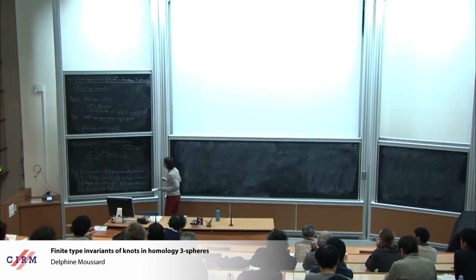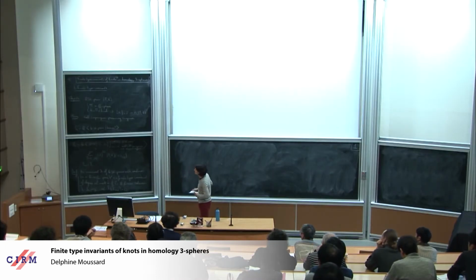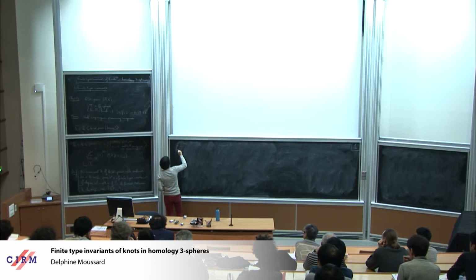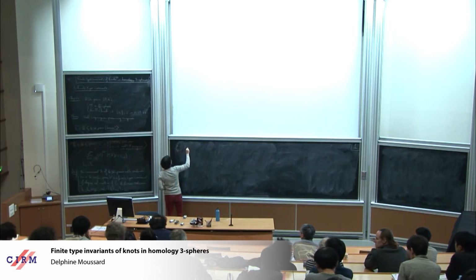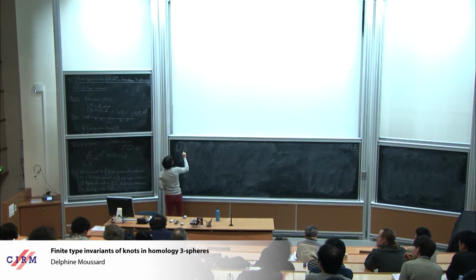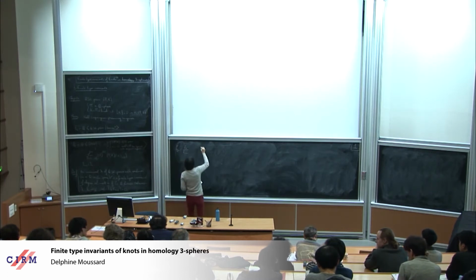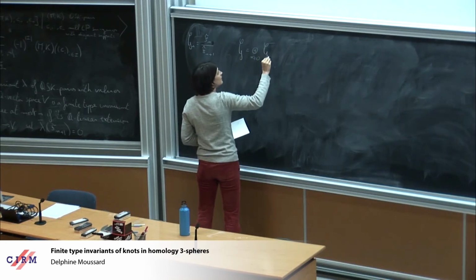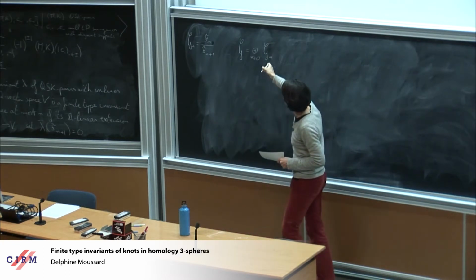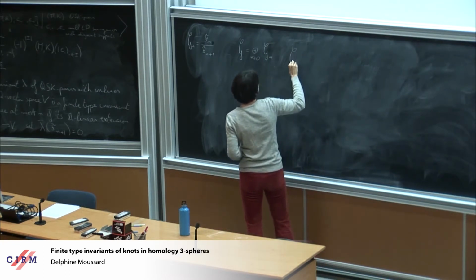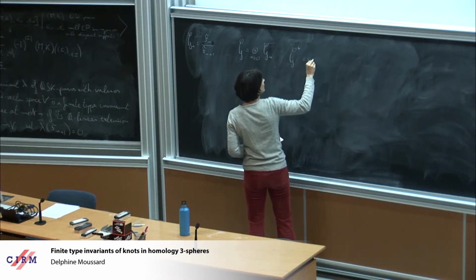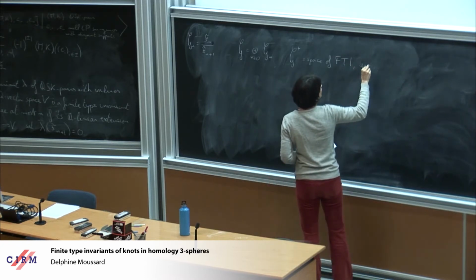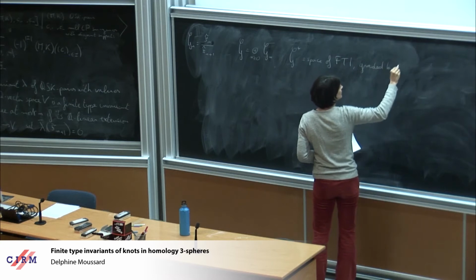Okay, so now when we are given such a theory, we can consider the graded quotients associated with our filtration, and we will look at the associated graded space. Now, it's clear from the definition that the dual of this graded space is the space of finite type invariants graded by the degree.